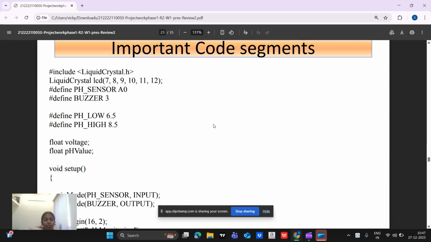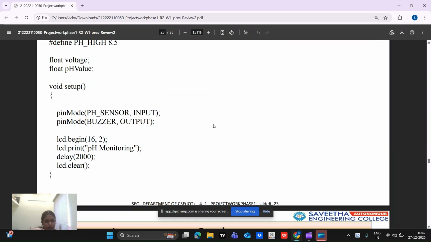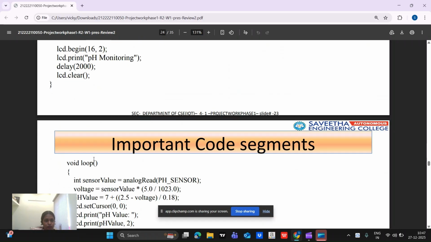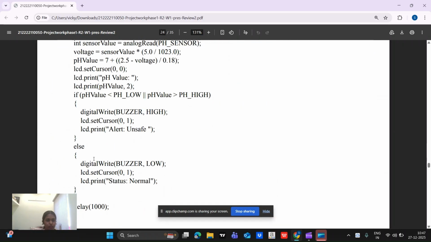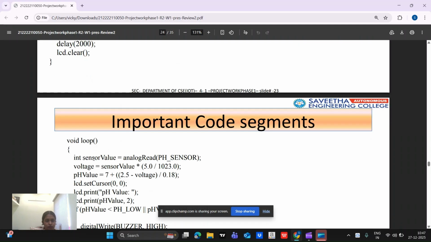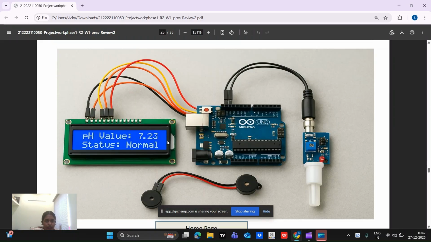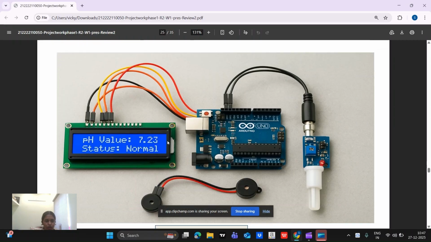Important code segments. We use this C code for triggering the pH alert system. This is another code which continues. It is the output for normal pH.